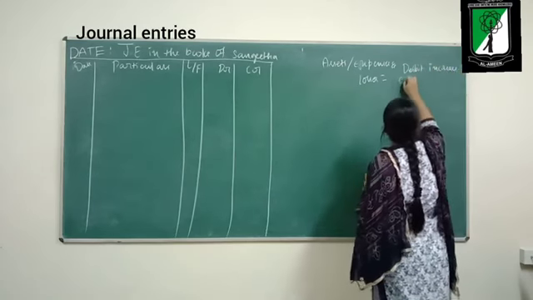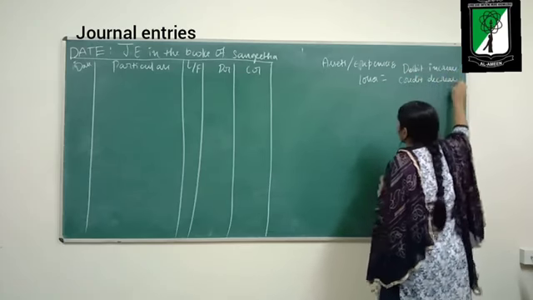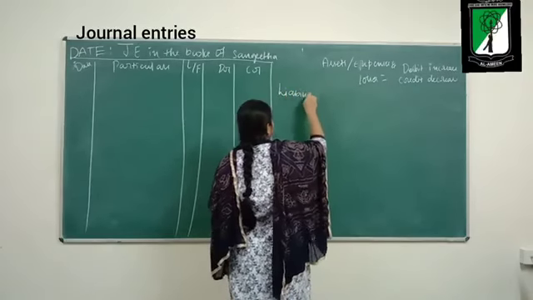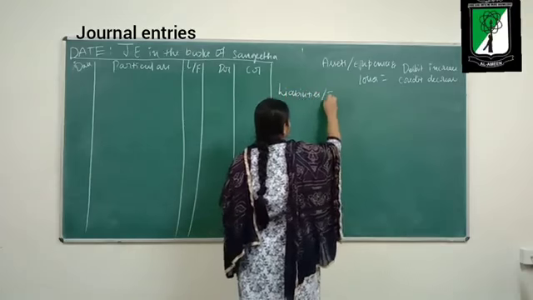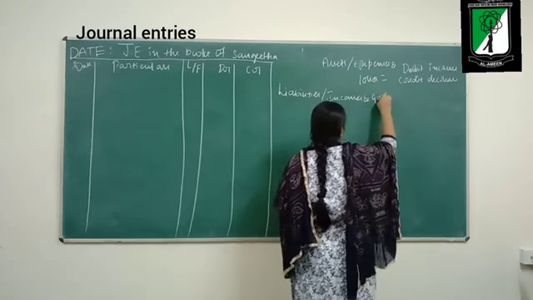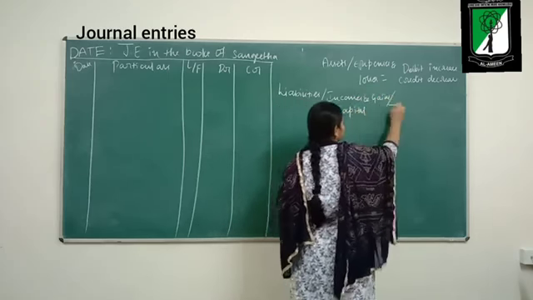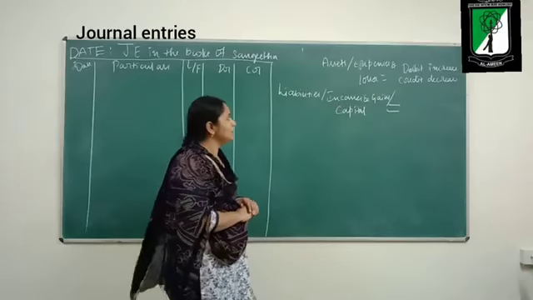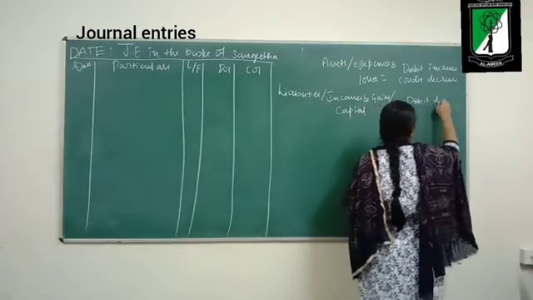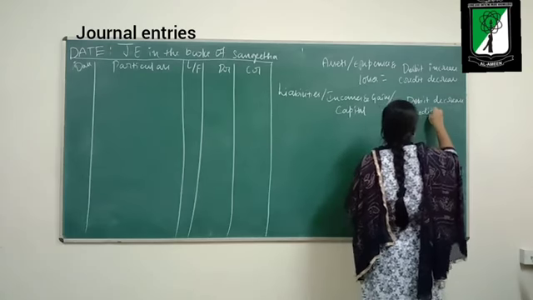And for liabilities, incomes and gains, and for capital, the rule is the opposite: debit decrease, credit increase.